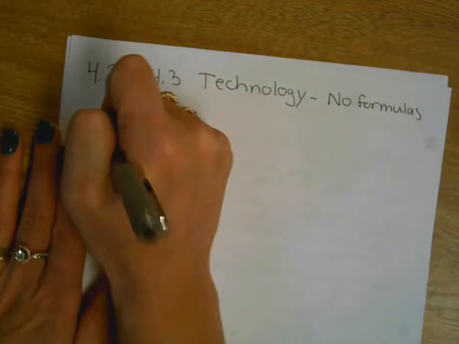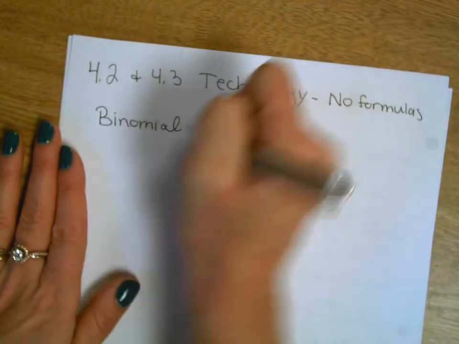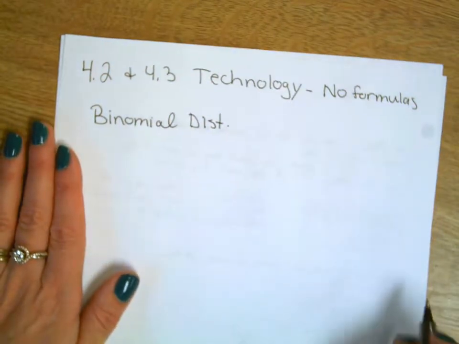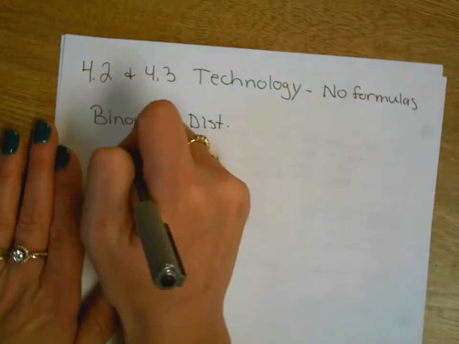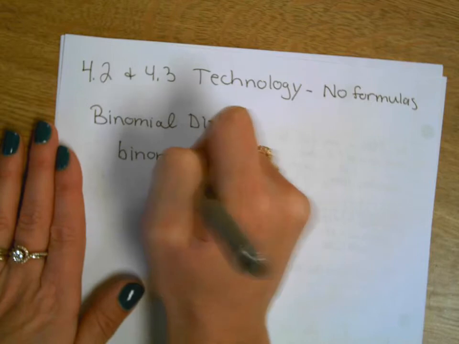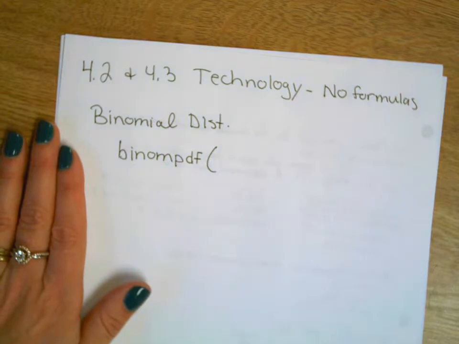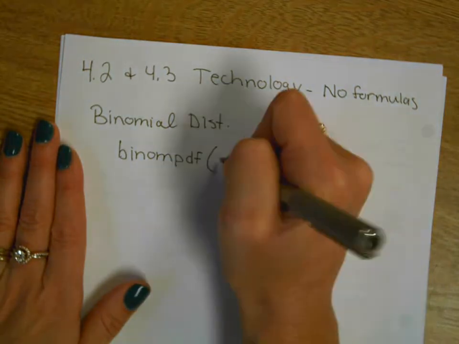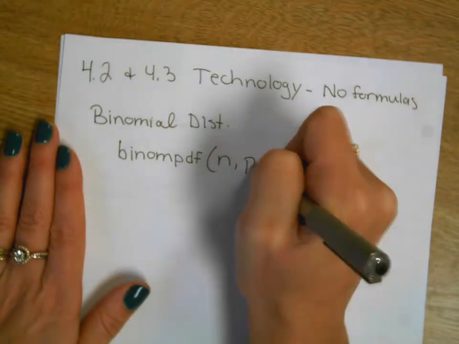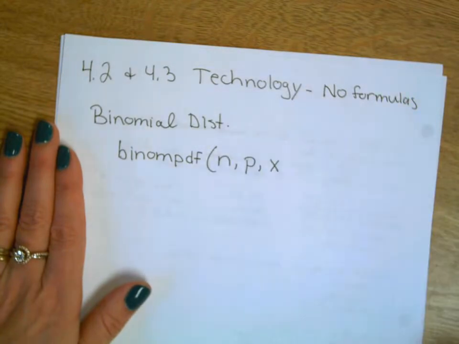So, first of all, for binomial, the function is going to be called the binom PDF. And binom PDF has to be fed 3 values. The number of trials, the probability of a single success, and then the number of successes.